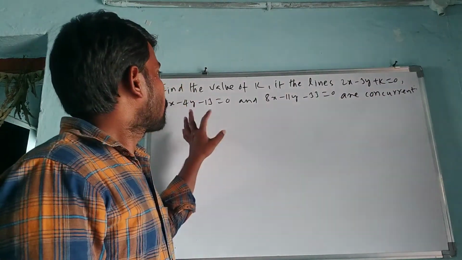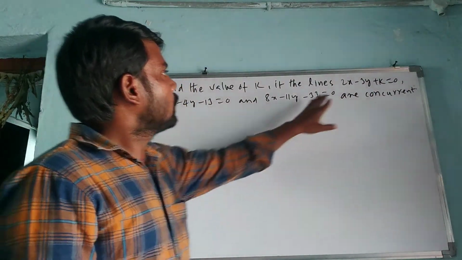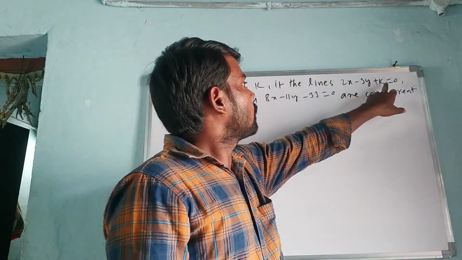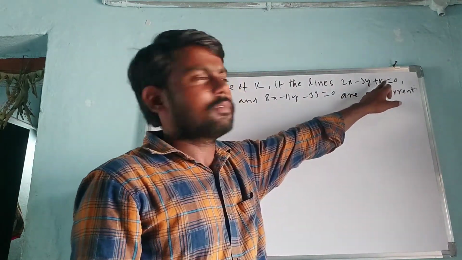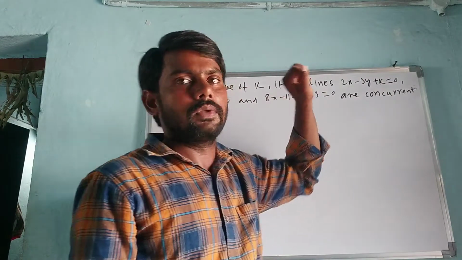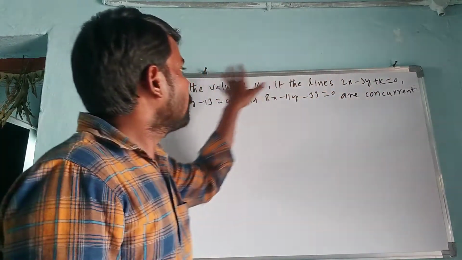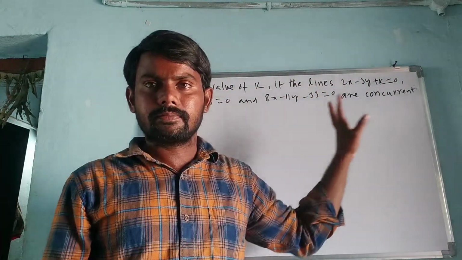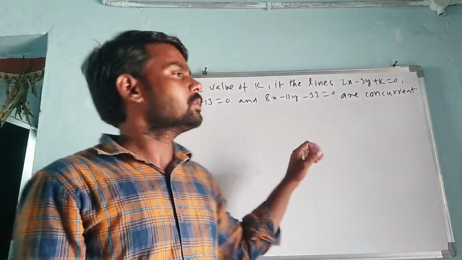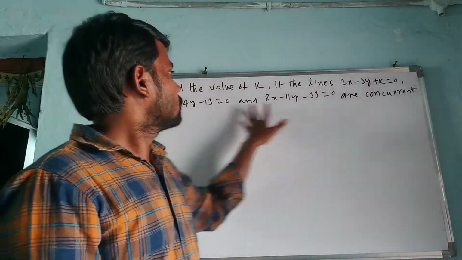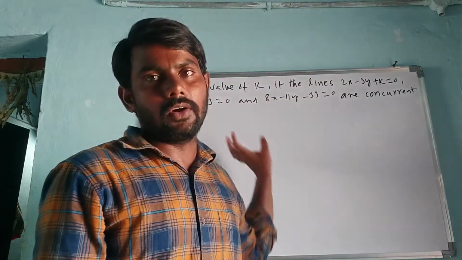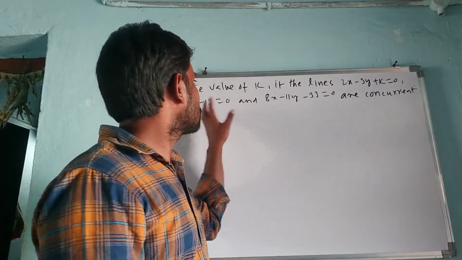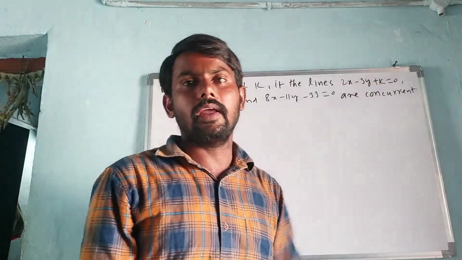Here we have to find out the unknown value k. How many lines are given here? Three lines are given. Since the three lines are concurrent, we can also find the value of k.